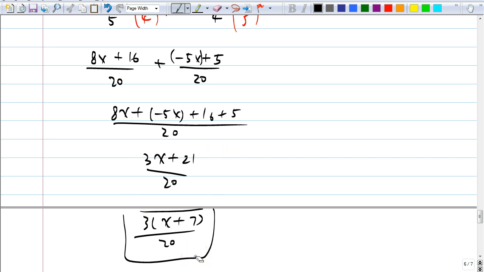Because what if the denominator was like 21 or something? Then 3 will go into 21 and you could have canceled those out, right? So it's always good to factor the numerator and the denominator, because it could be that those factors cancel out. Does that make sense? So, good if you wrote it as 3 times x plus 7 over 20. Any questions? Are we good? All right, good.